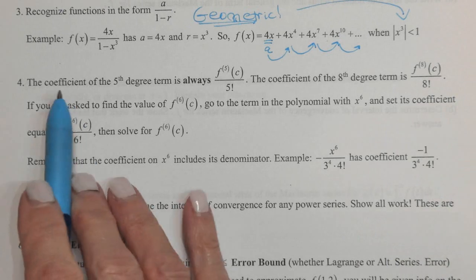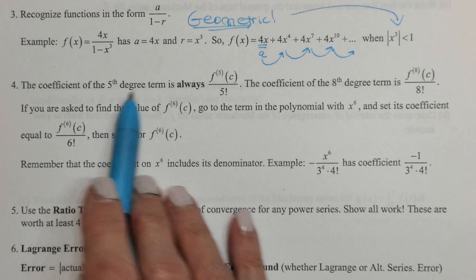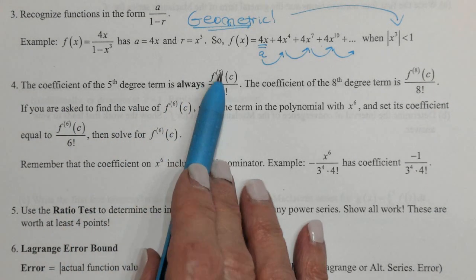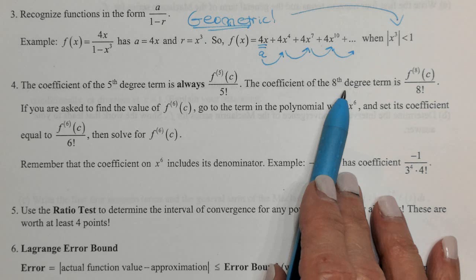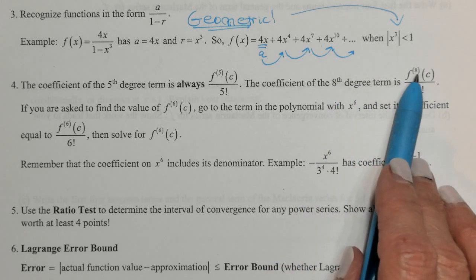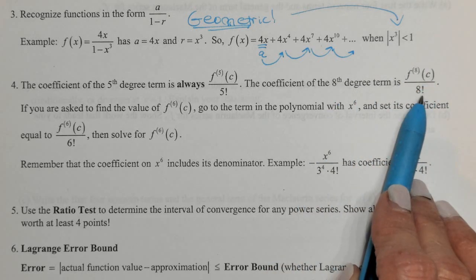All right, so like I said above, the coefficient of the 5th degree term is always the 5th derivative at c divided by 5 factorial, always. The coefficient of the 8th degree term is always the 8th derivative at c divided by 8 factorial.